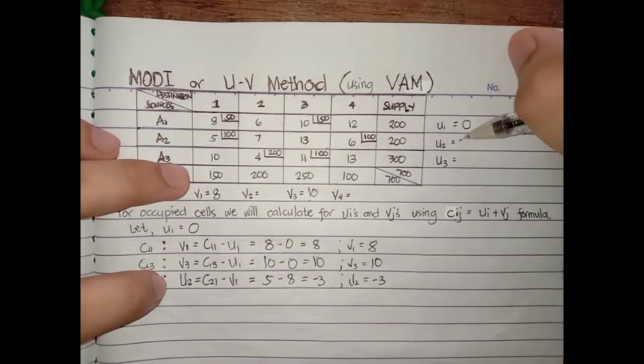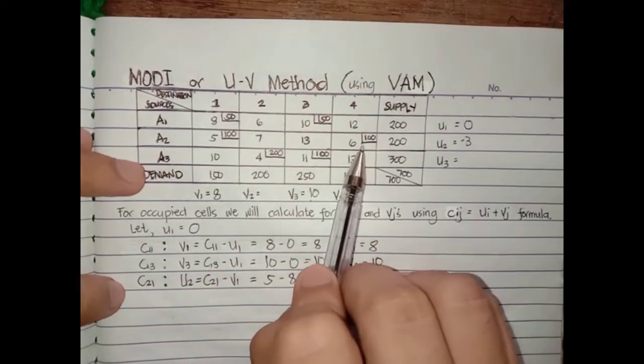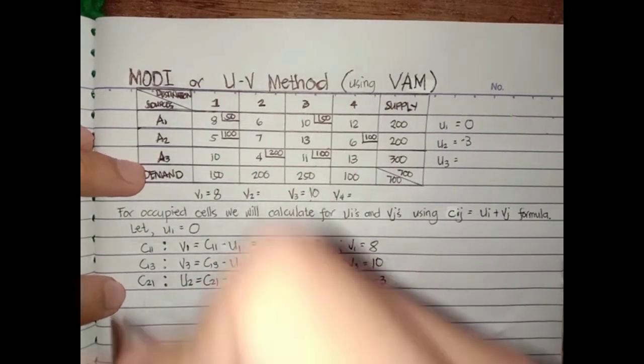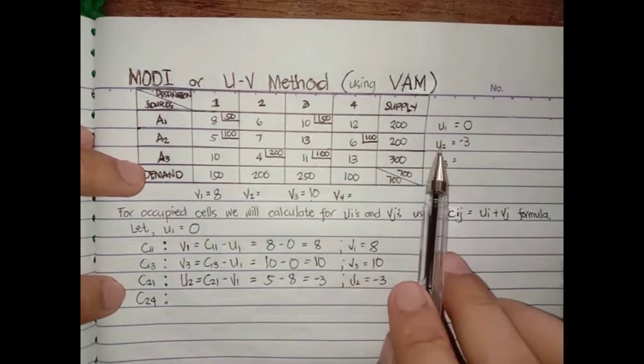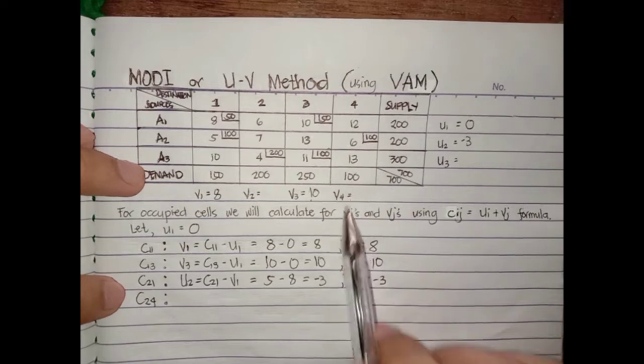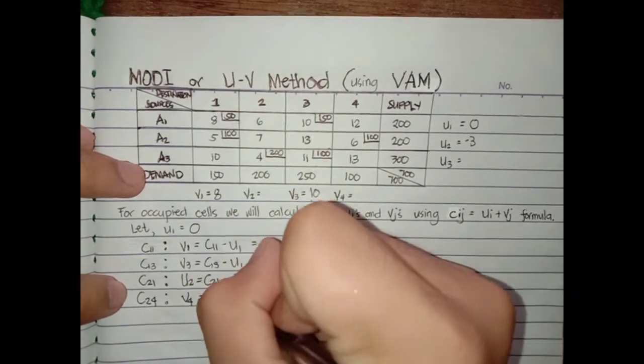So we have here negative 3. And next we have row 2, column 4, so C24. Since we have the value of our U2, we will find the value of V4. So V4 is equal to C24 minus U2.